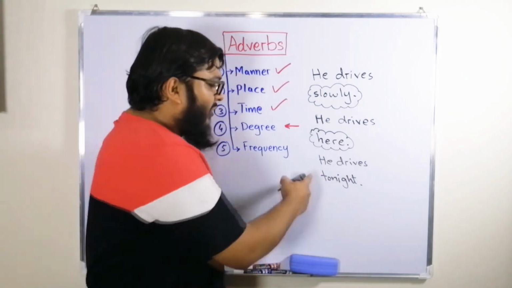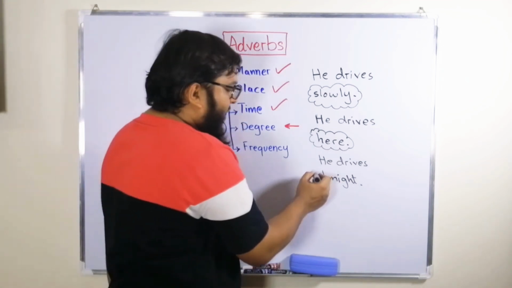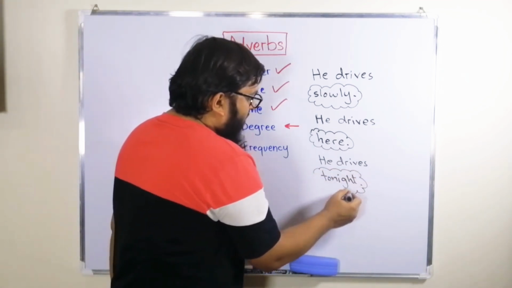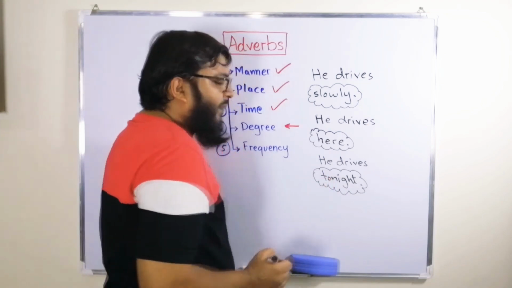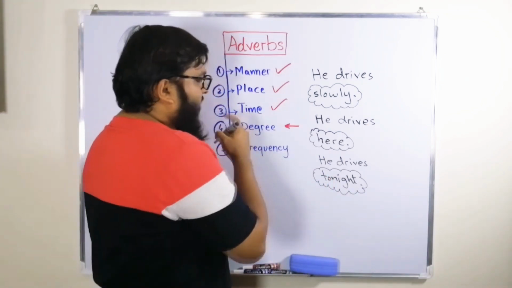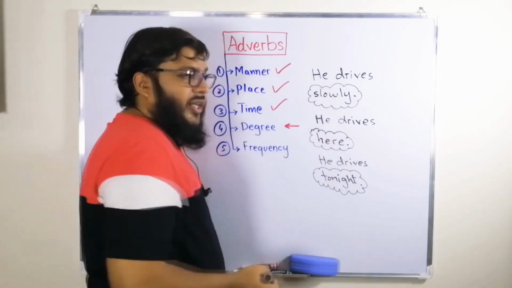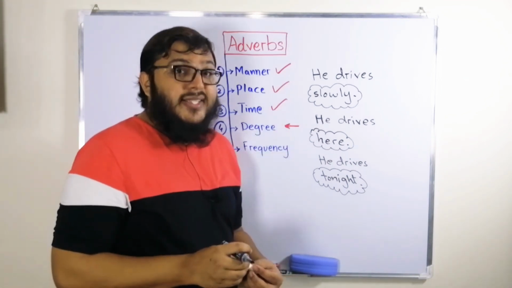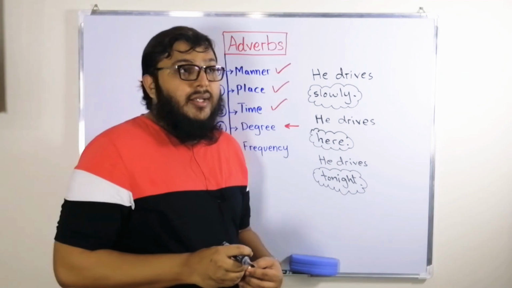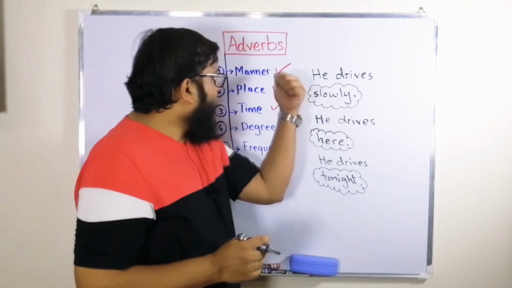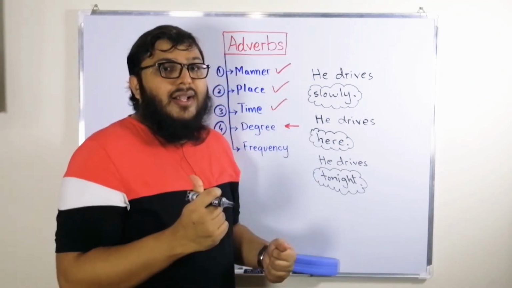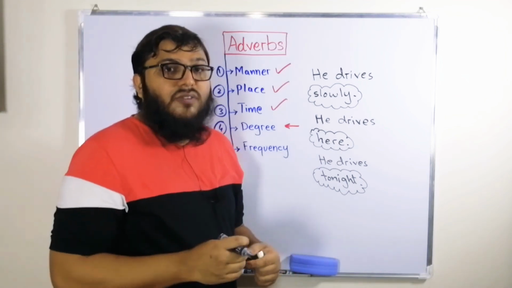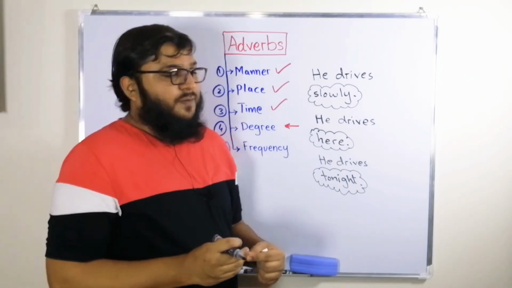Time of that action, without a preposition again. So that we call them adverb of time. We learned these kinds in detail in the last lesson, lesson 6A. If you want to know more details about these three kinds, you can go back and check my previous video of lesson 6A about adverbs.